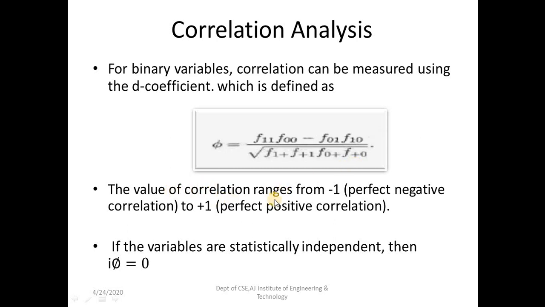The value of correlation ranges from -1, which means perfect negative correlation, to +1, which means perfect positive correlation. If the variables are statistically independent, then phi is equal to 0.